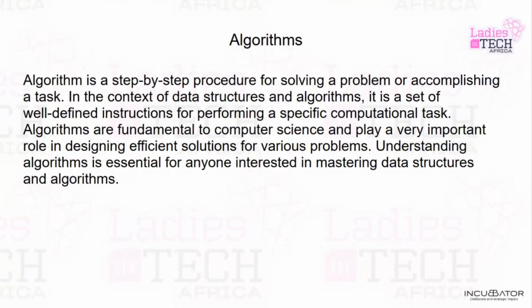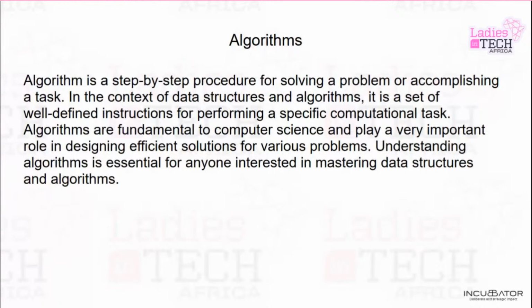The first thing we have here is algorithm. I think everyone can hear me. When we say algorithm, what should come to our mind first? Basically, algorithm is a step-by-step procedure for solving a problem or accomplishing a task. I mean algorithm is just like, these are the steps you follow to solve this particular problem or task.